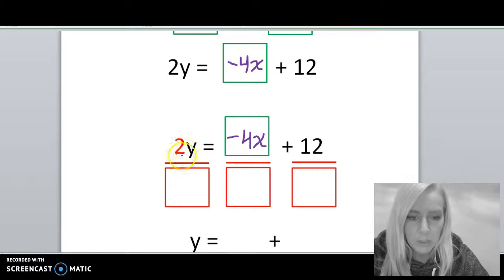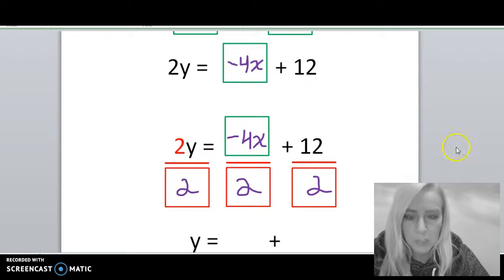Now I'm going to divide each term by whatever term is attached to y or being multiplied by y. In this case it is 2. So I'm going to divide each term by 2 and simplify.